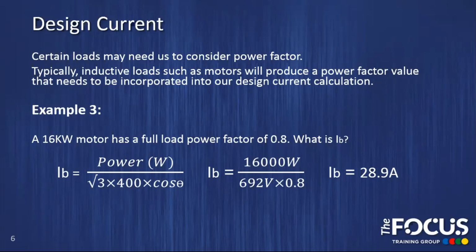In the middle we put in the figures, so we have 16,000 watts, remembering to convert from kilowatts in the question, divided by 692 volts, the product of root 3 times 400, and times 0.8, our value of power factor from the question. You can see then our outcome for IB is 28.9 amps.